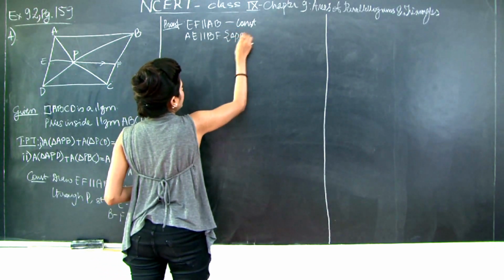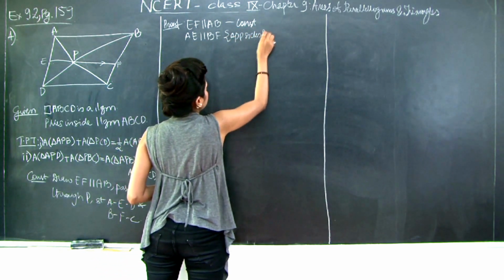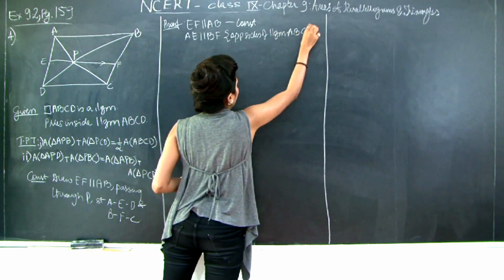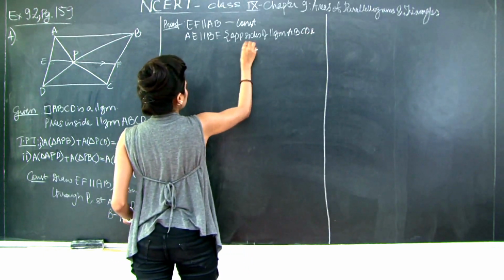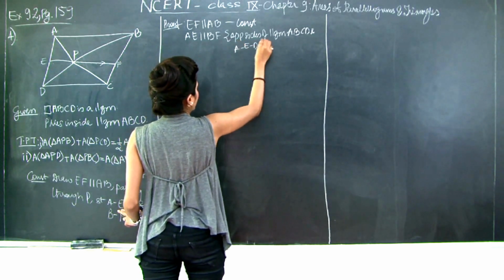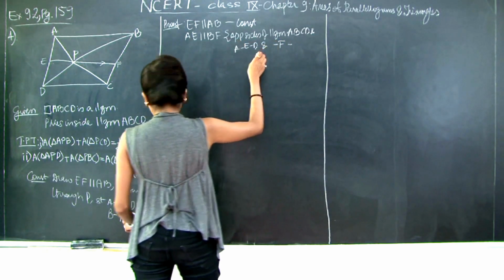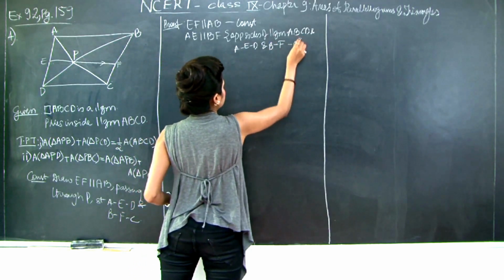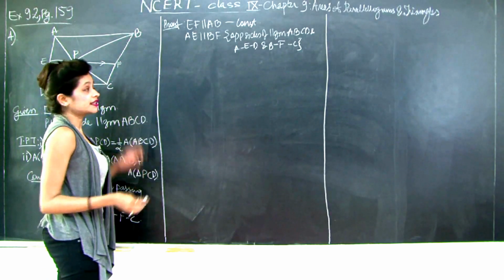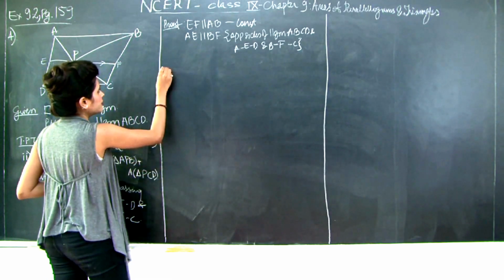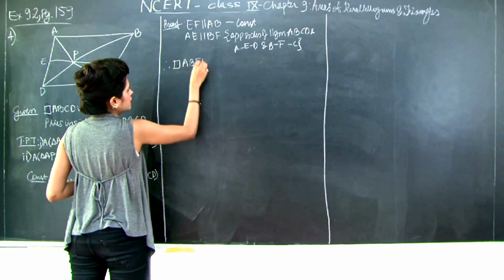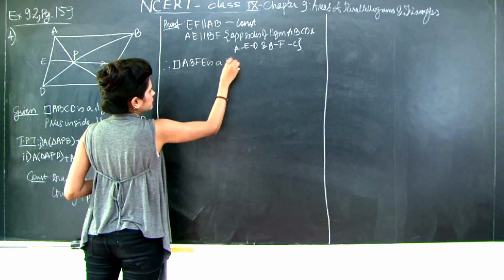Opposite sides of parallelogram ABCD, and because E lies between A and D and F lies between B and C. Therefore, what can I say? That this quadrilateral out here, ABFE, is a parallelogram. Therefore, quadrilateral ABFE is a parallelogram.